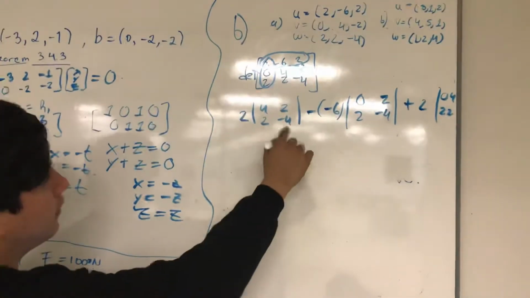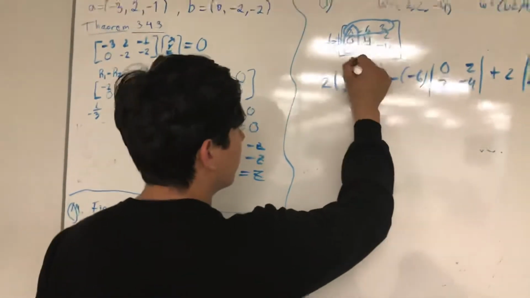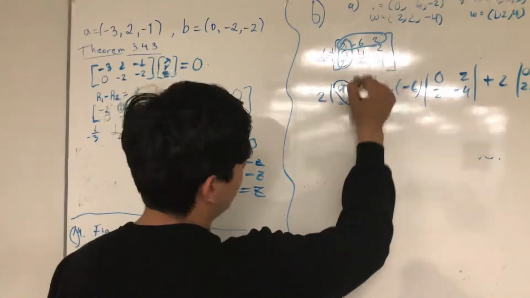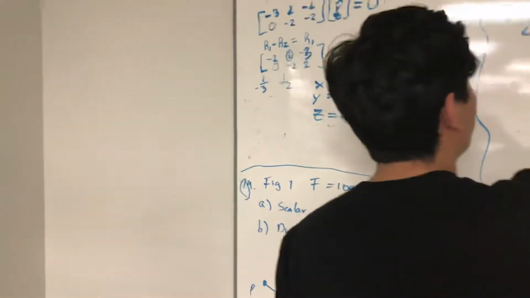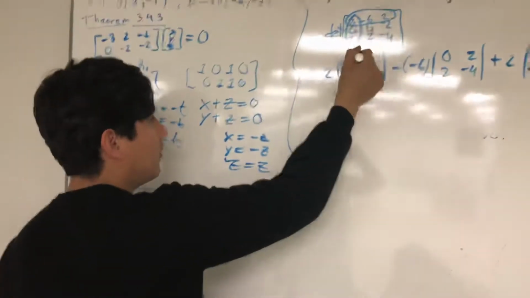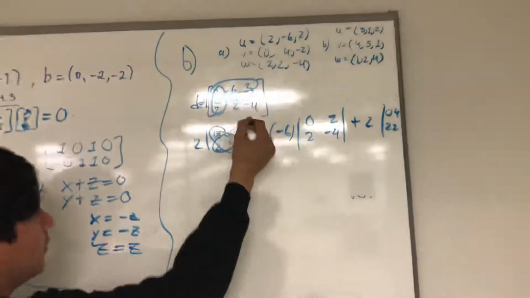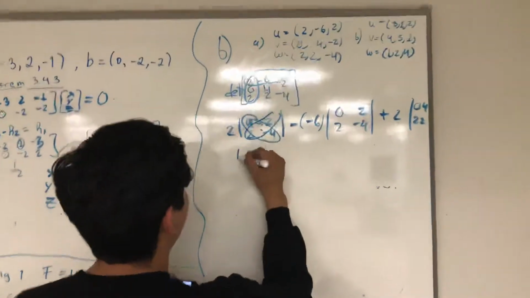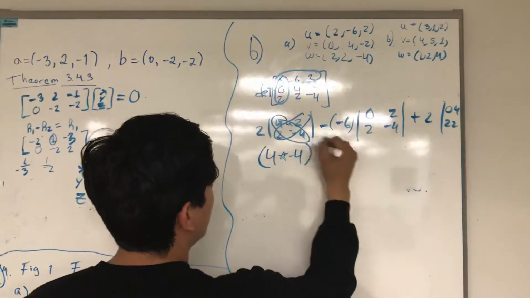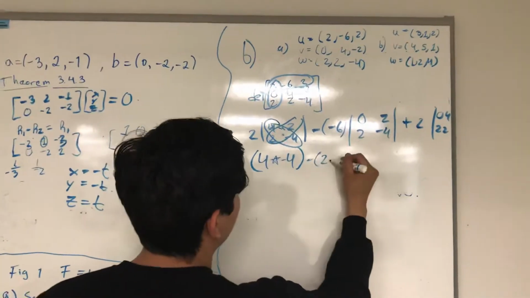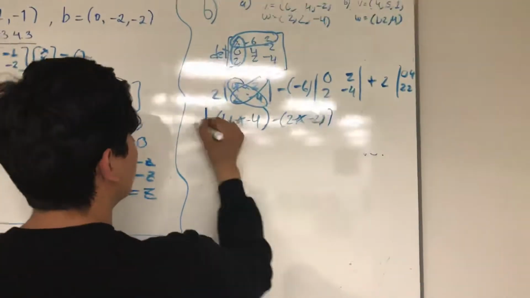In this cross product, we have to multiply this by this value, and subtract this times this value. So in this case, it will be 4 times -4 minus 2 times -2, and all this is times 2.